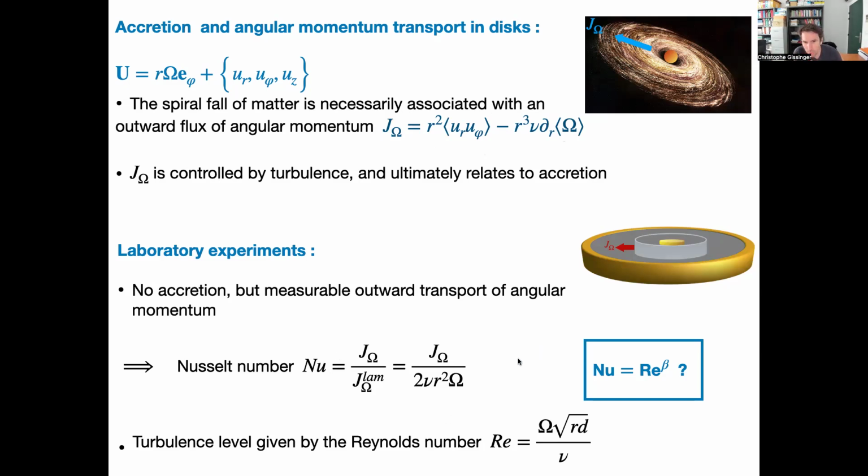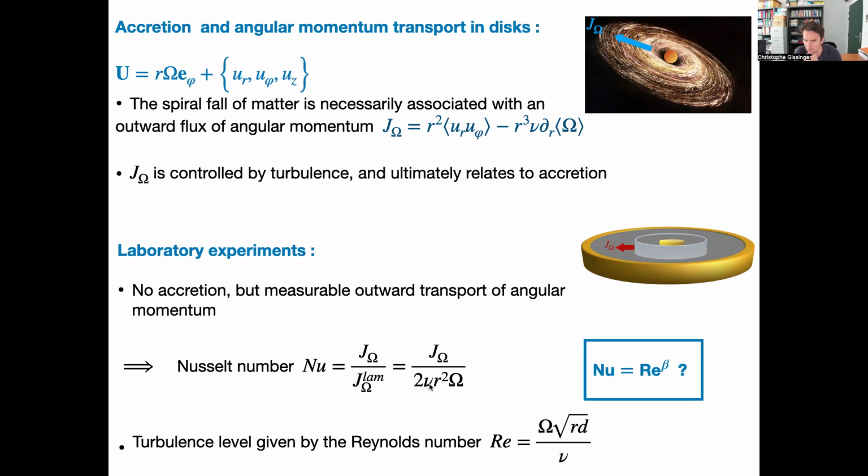So to get a scaling law, since I want a scaling law, we need a dimensionless measure of this flux. So what we are doing here is to introduce a Nusselt number where we are normalizing this flux by the value of the flux where the flow is laminar. You can see that this is a laminar expression for the flux of angular momentum, just taking this viscous part of the flux.